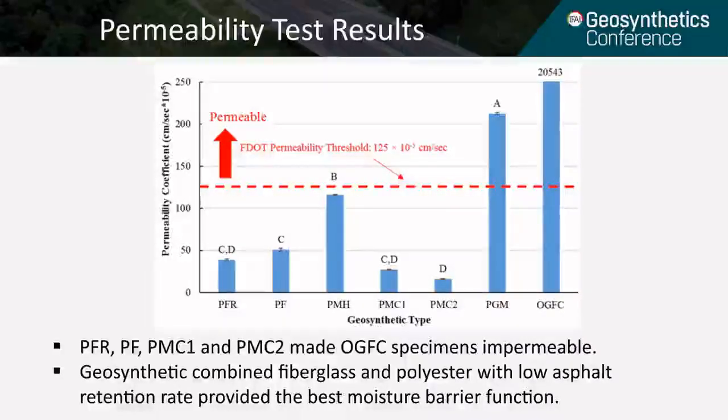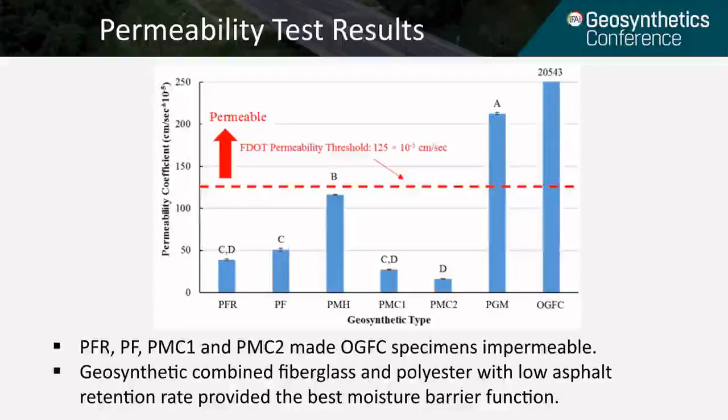We can see when we place the geosynthetics like the PFR, PF, PMC1, and PMC2, the specimen turned out to be impermeable. We conducted the Tukey grouping analysis in this study. The letter A represents the specimen has the highest permeability, and letter D means the lowest permeability.